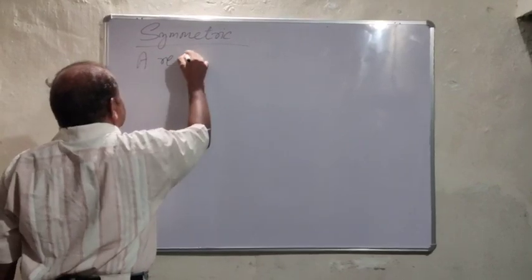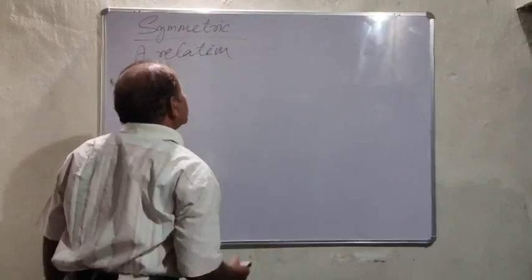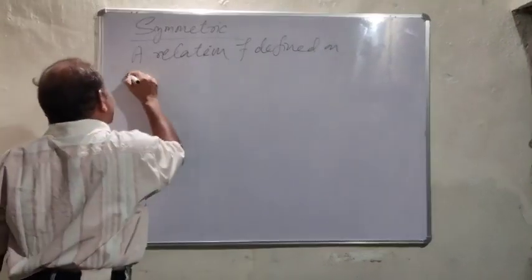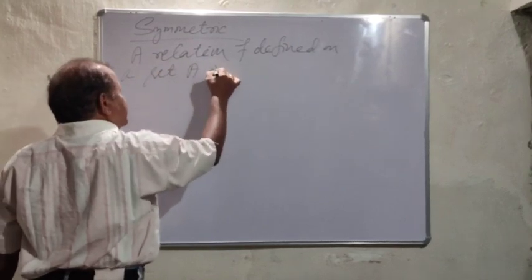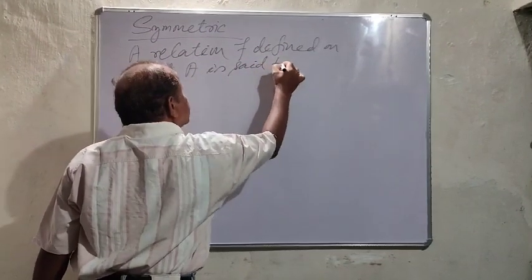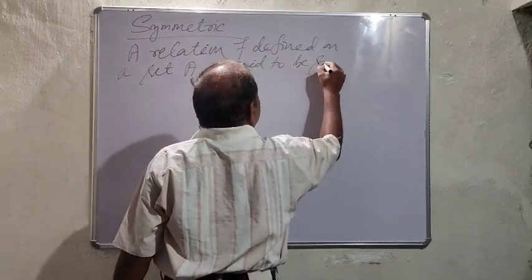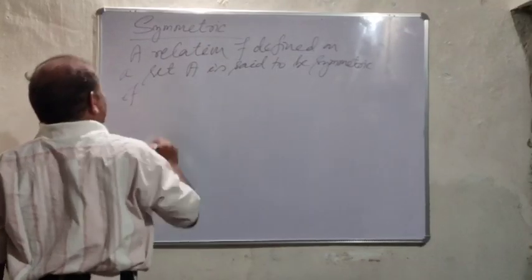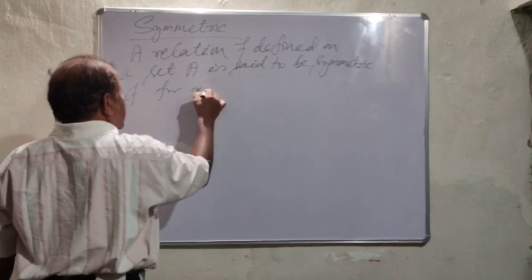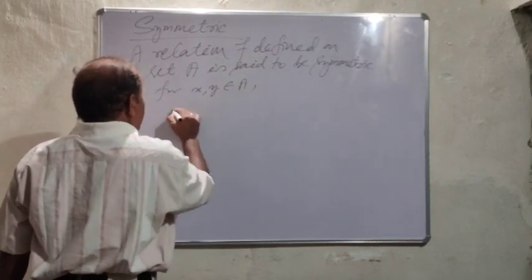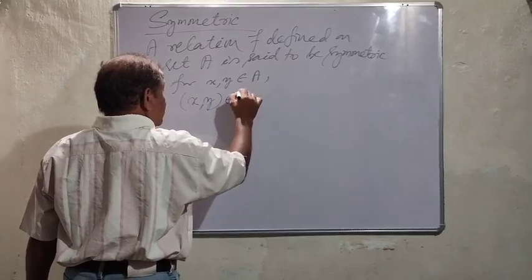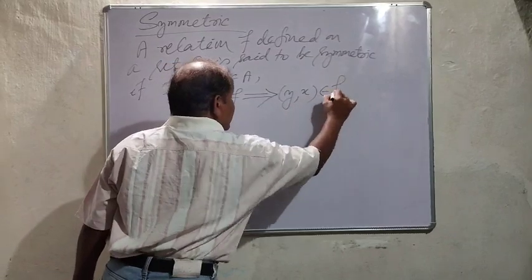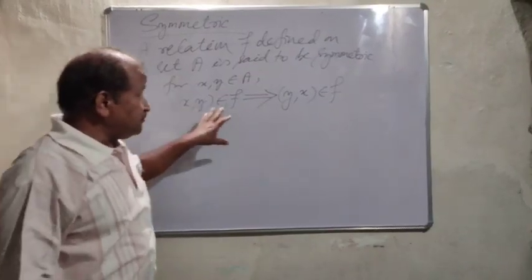A relation R defined on a set A is said to be symmetric if for x, y belonging to A, (x, y) belongs to R implies (y, x) belongs to R. See, there is an implication.